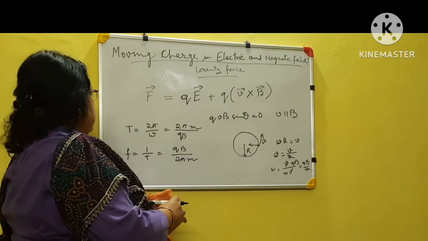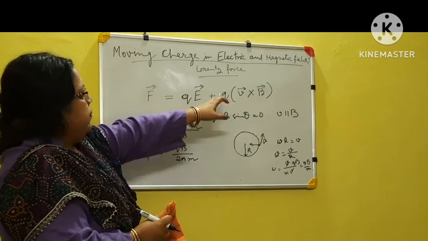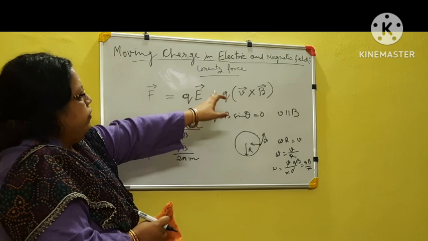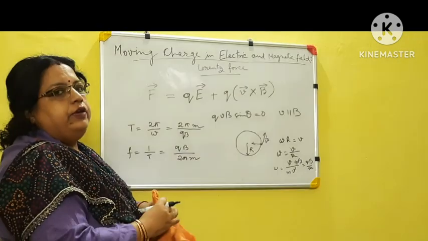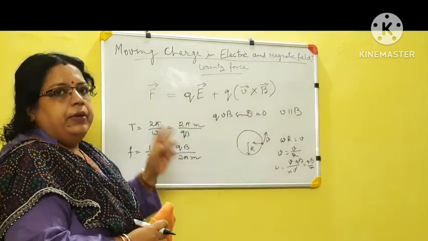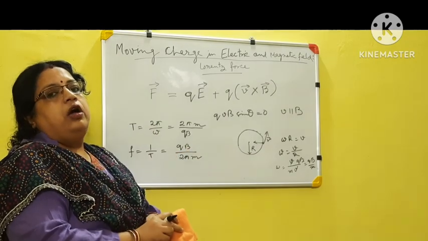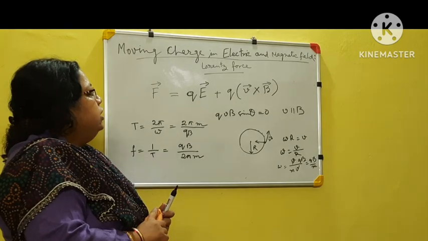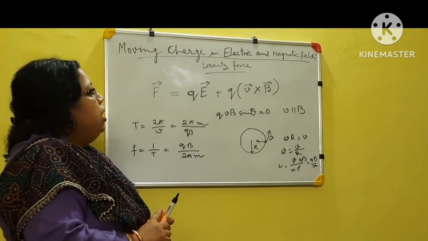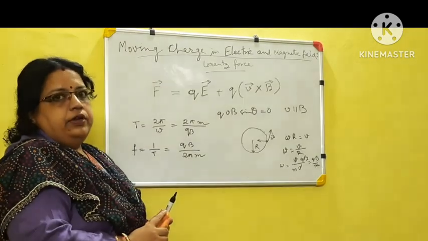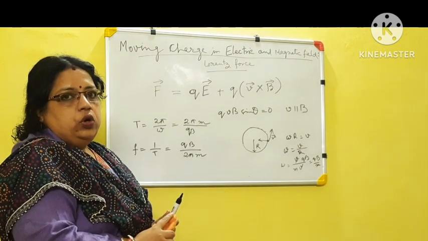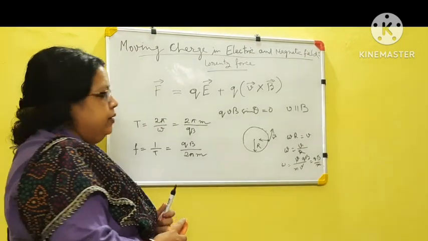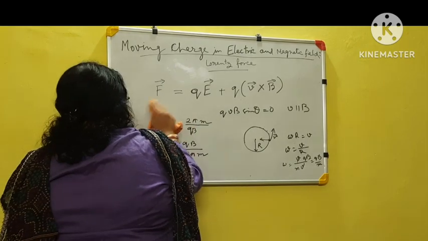I have discussed the velocity parallel to the magnetic field and perpendicular to the magnetic field, that means the minimum value and maximum value of magnetic force. Now what will happen if theta, that is the angle between velocity and magnetic field, is in between 0 and 90?